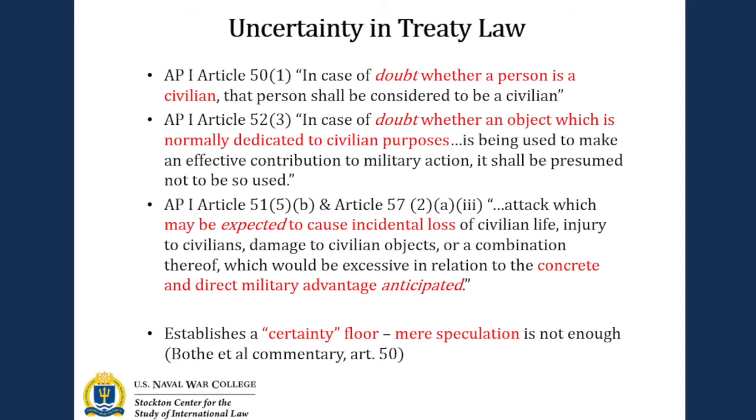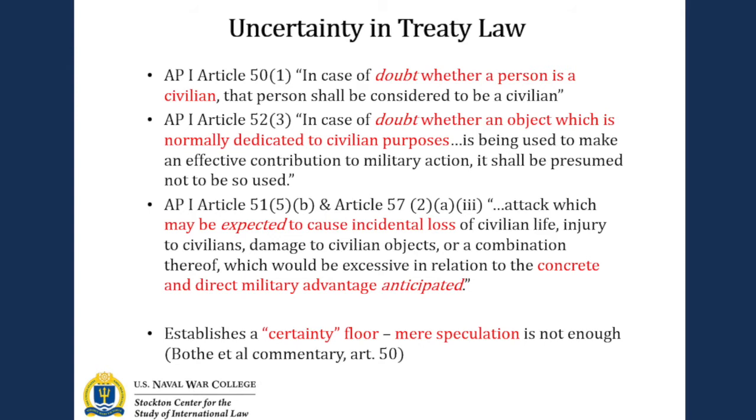I know that some states, including my own, question some of these, but I will tell you, I was a targeting officer, and this is always what we do. I think there's plenty of state practice, and opinio juris, to support the customary status of this. And then there's the rule of proportionality. It tells us if you have an attack, and that attack is expected, so there's an element of uncertainty there, expected to cause incidental loss to civilian life or damage.